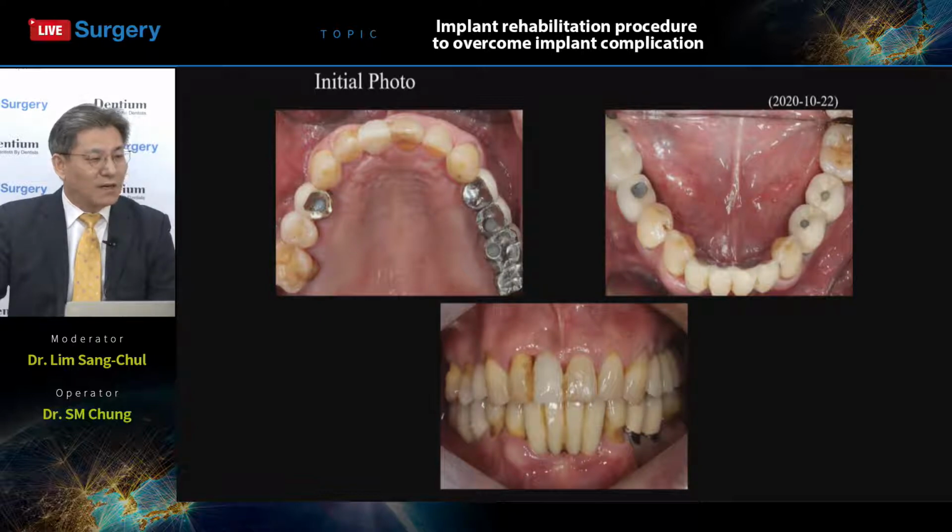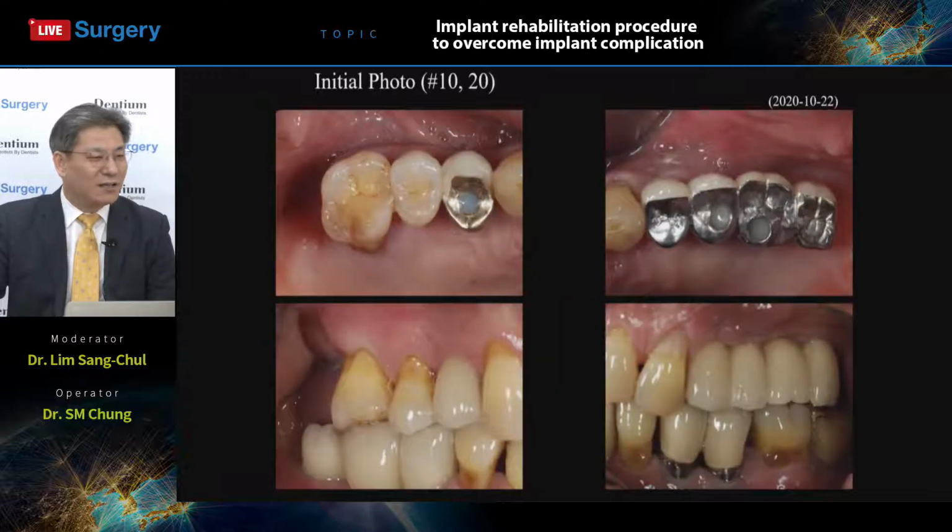This one is the initial photo. There is metal occlusion on the upper jaw, and on the right upper and lower jaw, porcelain-fused-metal crowns are connected with implant fixtures, with this old-fashioned crown. The big holes here are because of screw retriever holes.